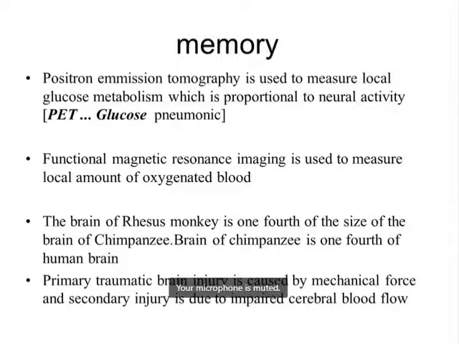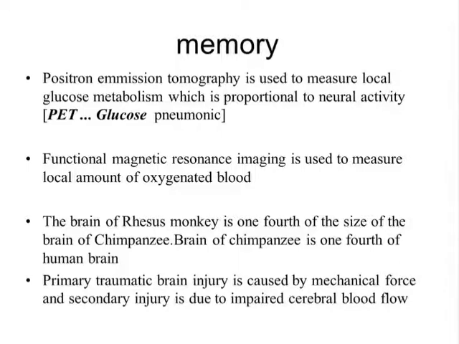That means a particular portion of the brain metabolizes more glucose, so that portion is active. So, in the course of memory, some portions using more glucose denotes that portion is related to memory.